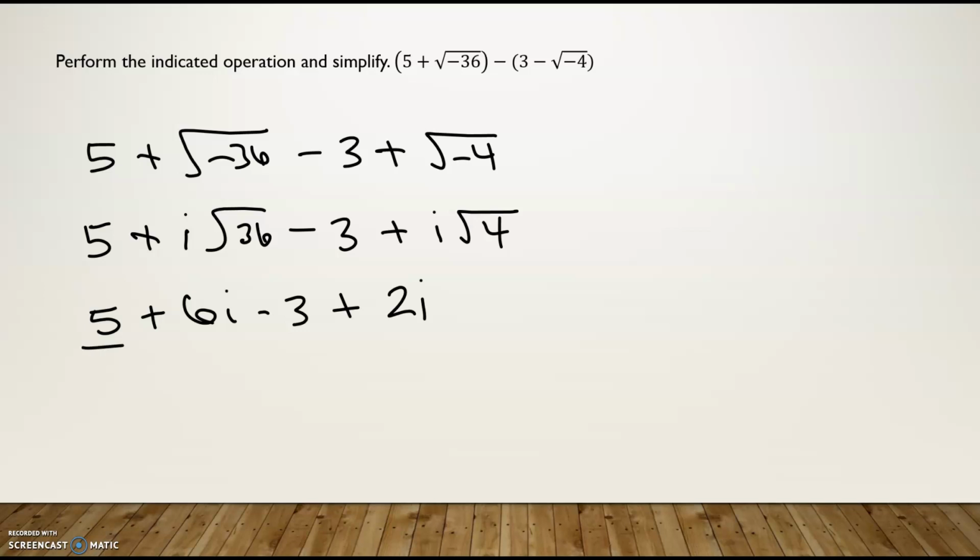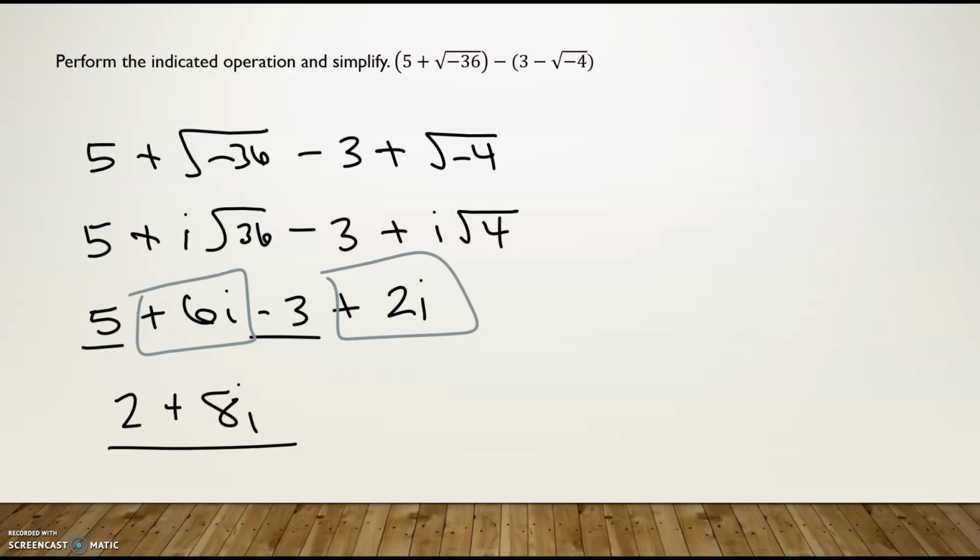So then I'm going to combine the 5 and the -3 to give us 2, and then combine the positive 6i with the positive 2i, and that will give us positive 8i, and that will be our final answer.